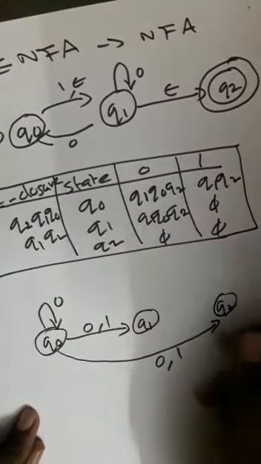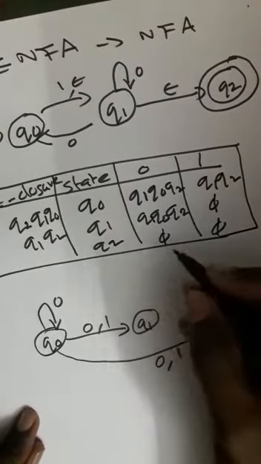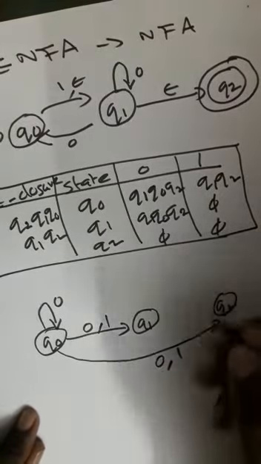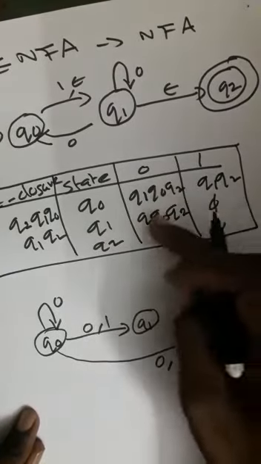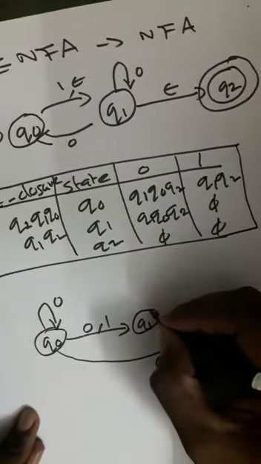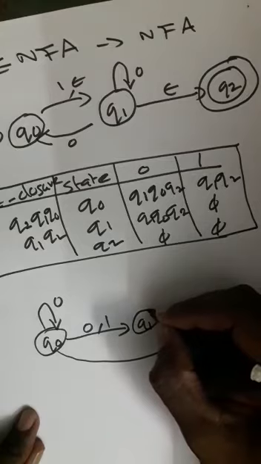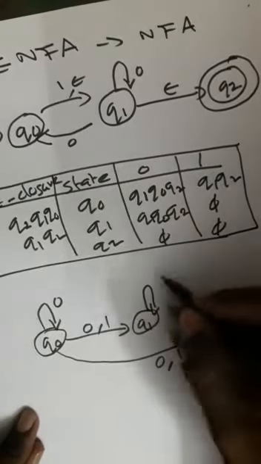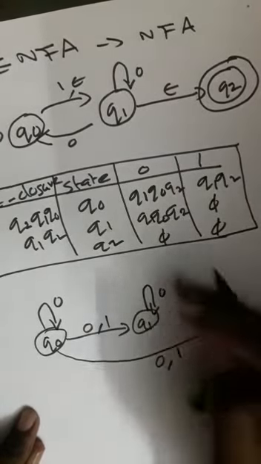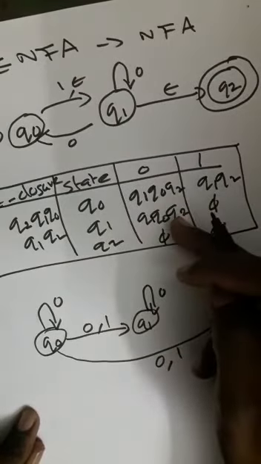Q1 on 0 transfer to Q1. Q1 on 0 transfer to Q0.